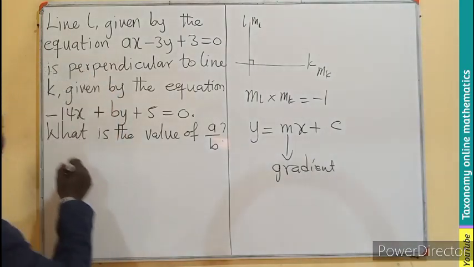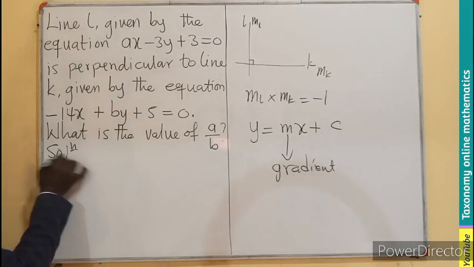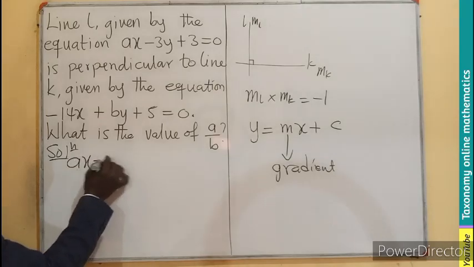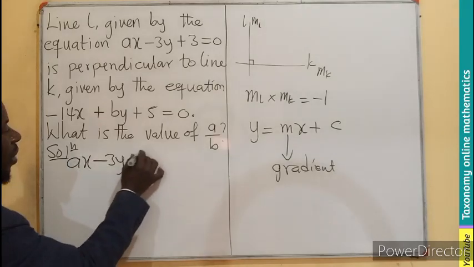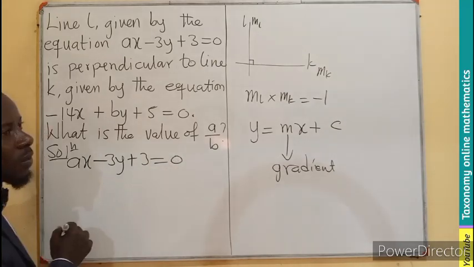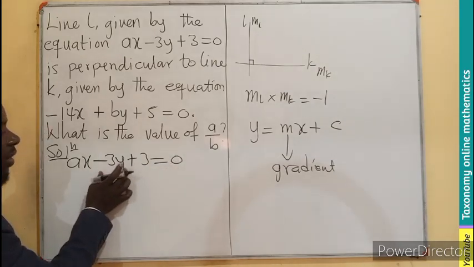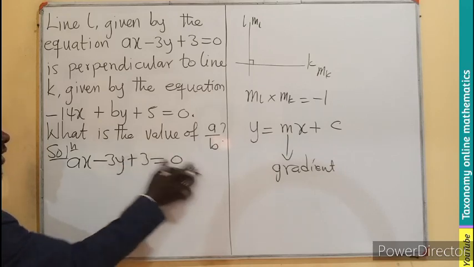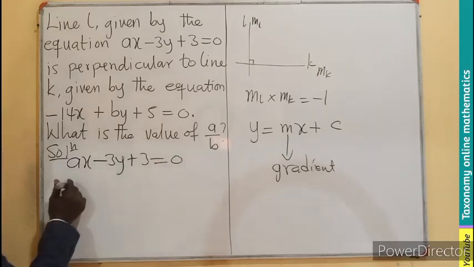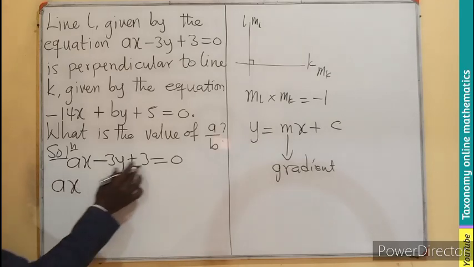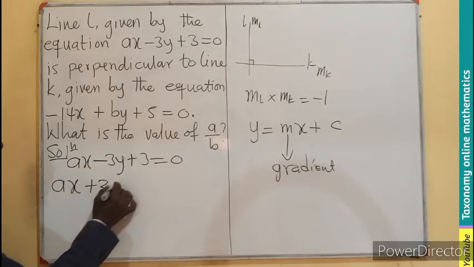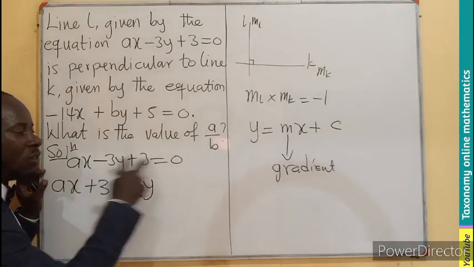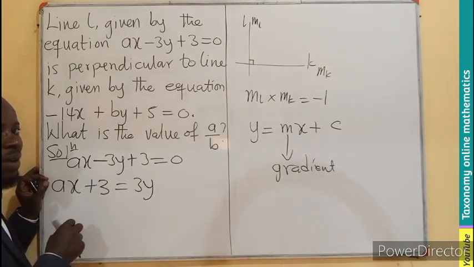So right away, let's take the first equation, ax minus 3y plus 3 equals 0. Paying attention to the y, since it's negative, I'll be adding 3y to both sides of the equation. So this will become ax plus 3 equals 3y, since adding 3y to both sides gives 0 on the left hand side.